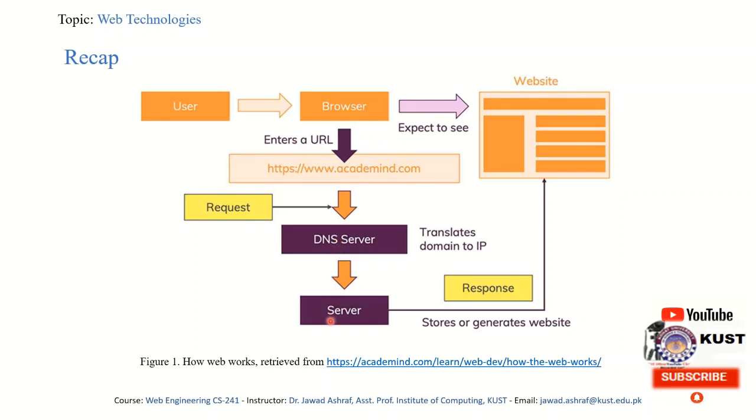Server runs different web servers, which are softwares, which are applications, and these applications understand what request has been asked to fulfill, and to fulfill that request, they send a response to the browser, and in that response they send HTML, CSS, JavaScript, images, and other stuff to the browser, and the browser then renders those things appropriately.